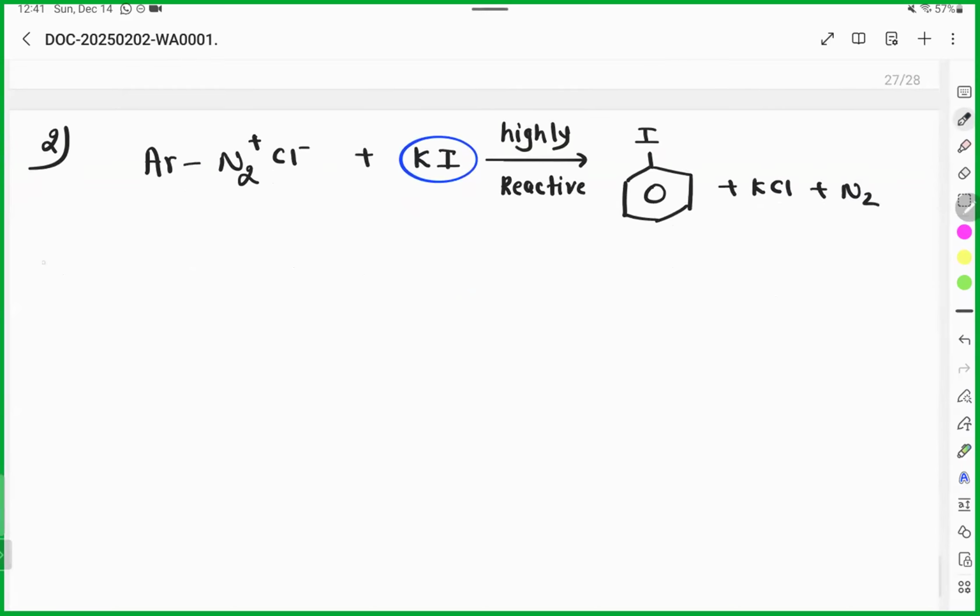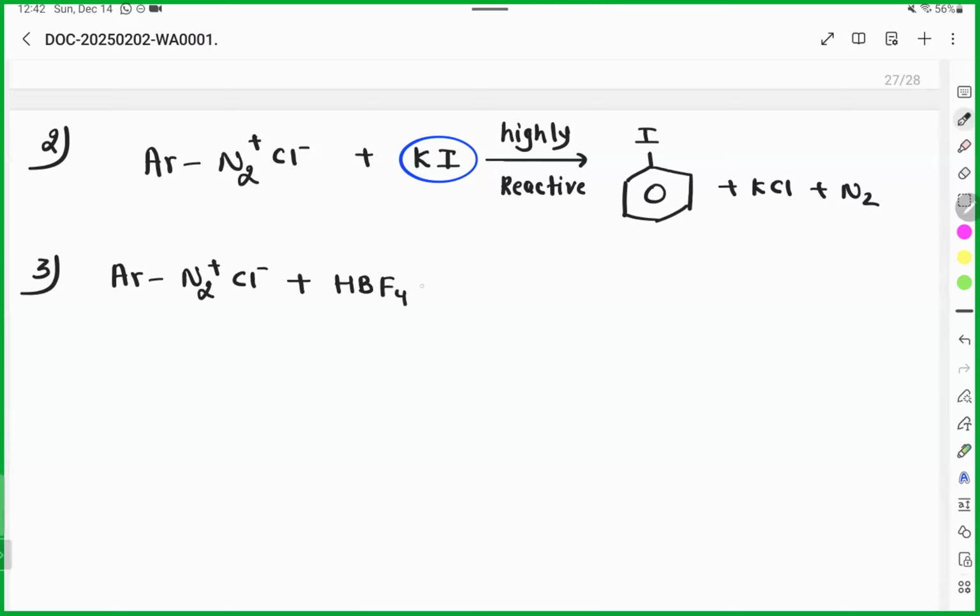Samad, have you heard about Balz-Schiemann reaction? No, sir. This is Balz-Schiemann reaction, but examiners never asked this. Now you want to add halogen.